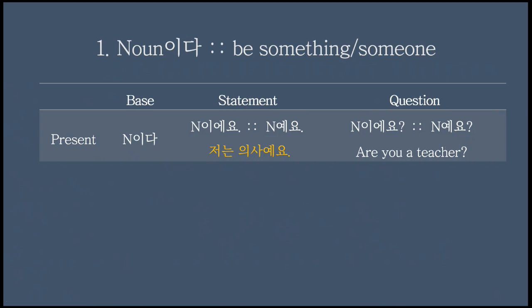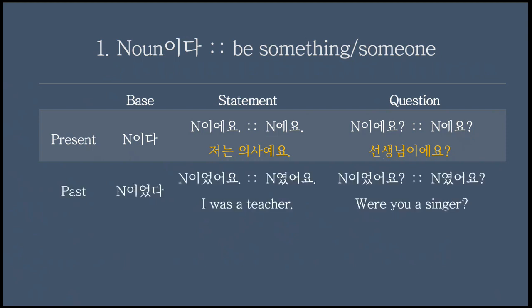How would you say, are you a teacher? 어떻게 말해요? 선생님이에요. Here, we hardly use the subject, you, in the sentences, isn't it? In a Korean sentence, when you include the subject, you, often it sounds very rude.